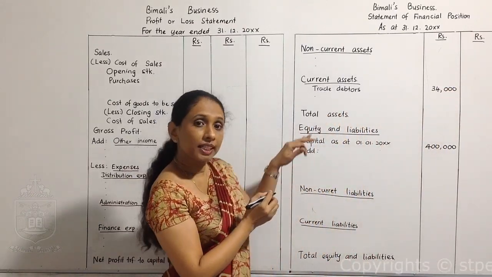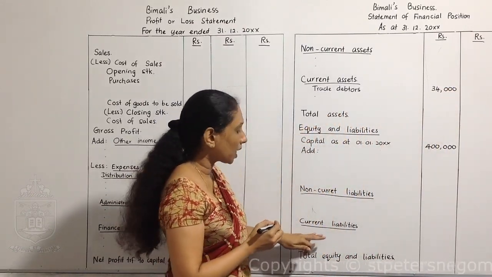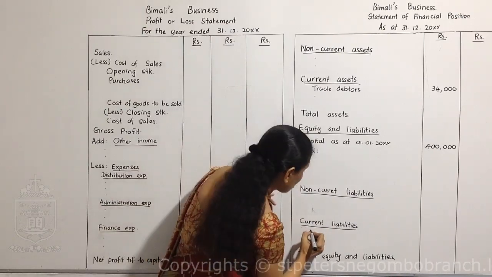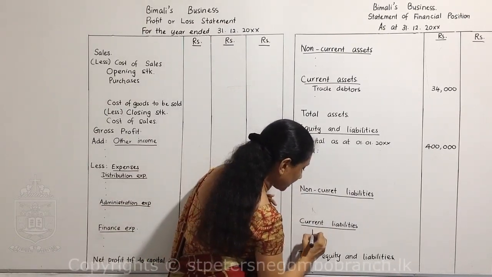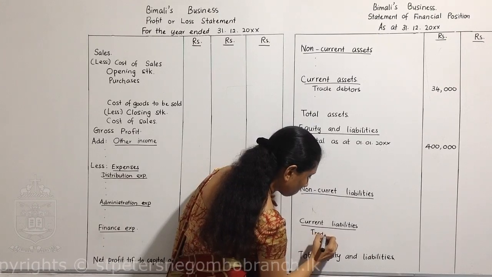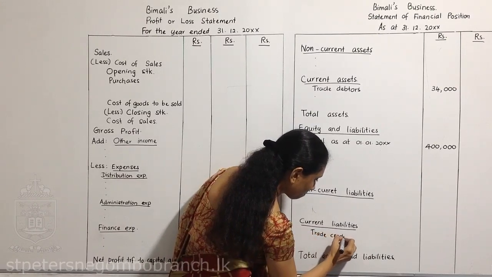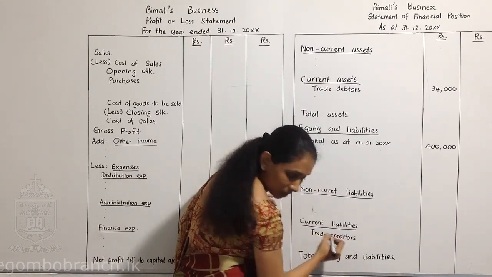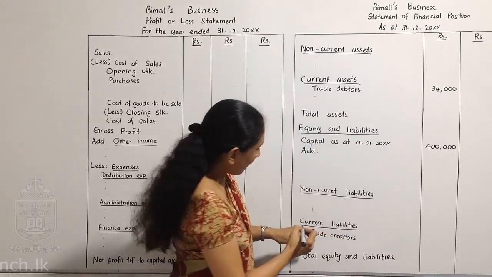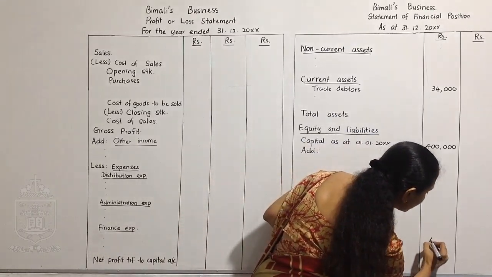Then we have the trade creditors, which will come under current liabilities. So we'll mention as trade creditors. And it's 45,000.